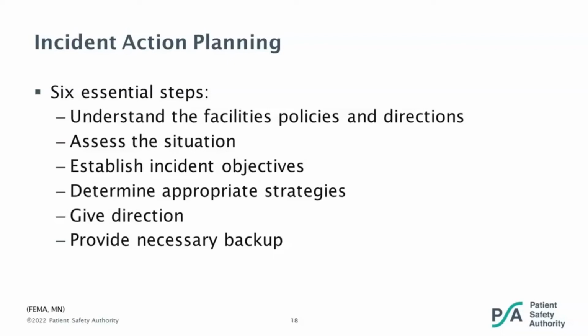You need to understand your facility's policy and directions, need to be able to assess the situation at hand, establish incident objectives, determine appropriate strategies to achieve those objectives, give tactical direction and ensure it's being followed, and provide necessary backup when that direction is initiated.